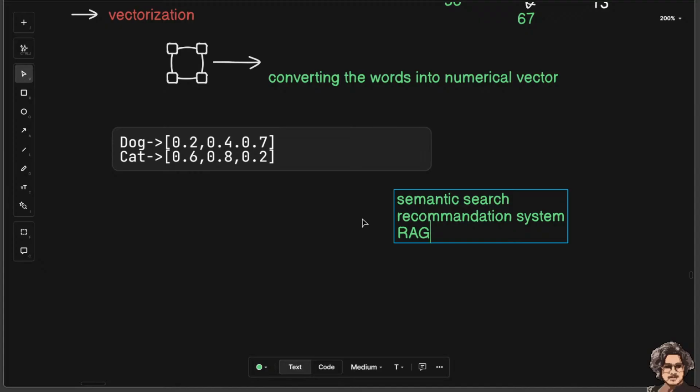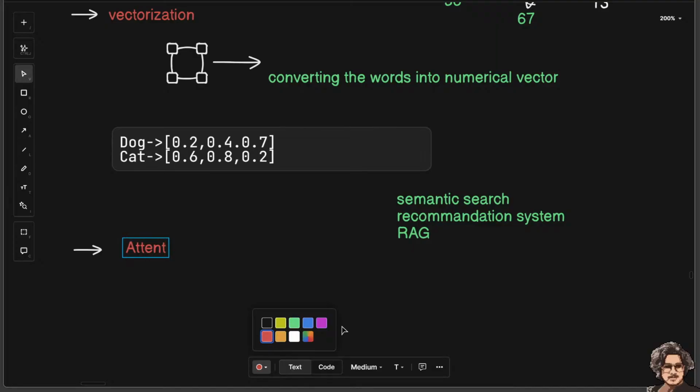Another thing: what is the attention mechanism? It is the most important interview topic. The problem is that traditional or previous models forget the long context.